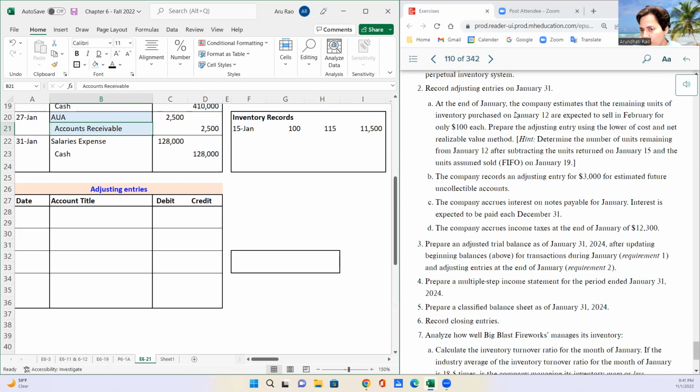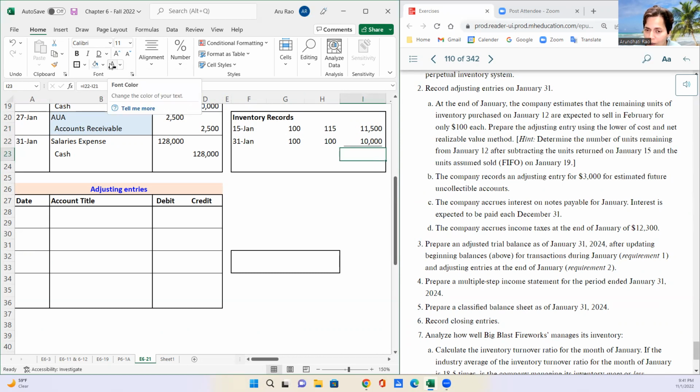At the end of January, the company estimates that the remaining units that we had purchased on Jan 12, that's 100 units, we expect to sell in Feb only for $100 a piece. So the new information is saying that on Jan 31st, the best I can sell these 100 units for is 100, which means I'll get only 10,000.